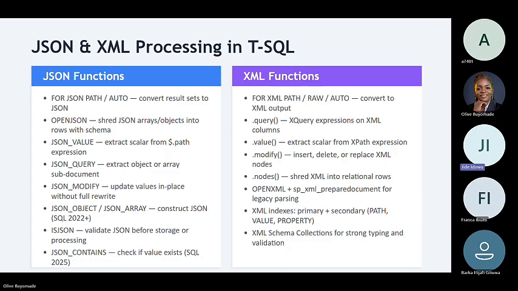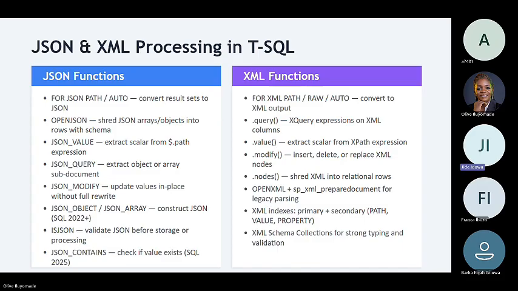I think you can see it because we already put it there, but just for emphasis or clarification, in case you wonder what exactly it is saying: on the left there are JSON functions, and to your right XML functions. And what exactly do they do?